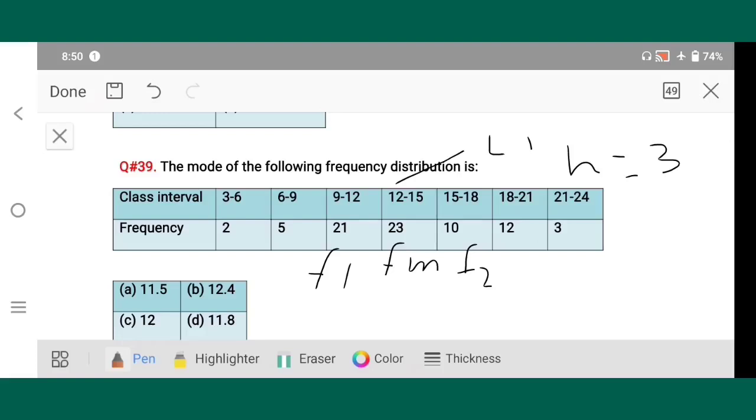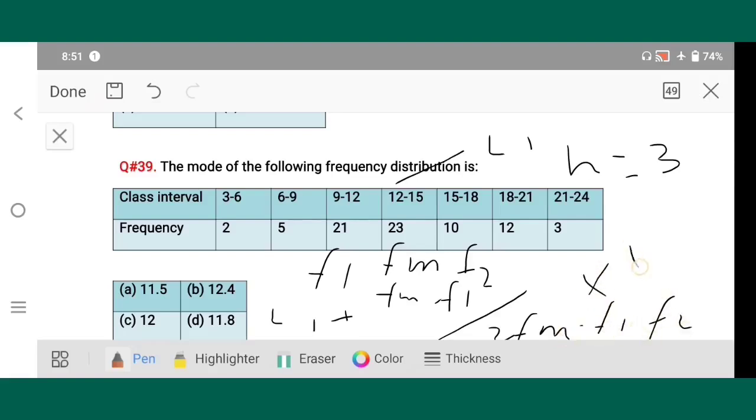So by using this, just write down the formula, that is L1 plus Fm minus F1 divided by 2Fm minus F1 minus F2 times H. Just put the values. L1 equals 12, Fm equals 23, and F1 equals 21.